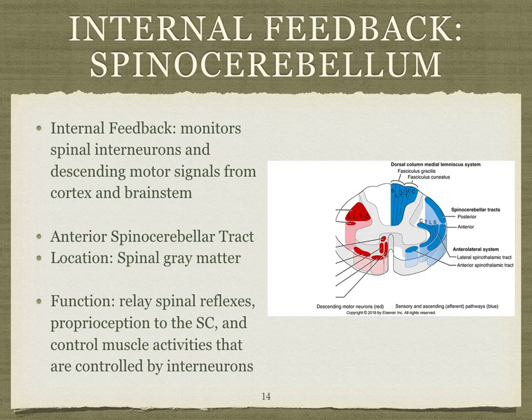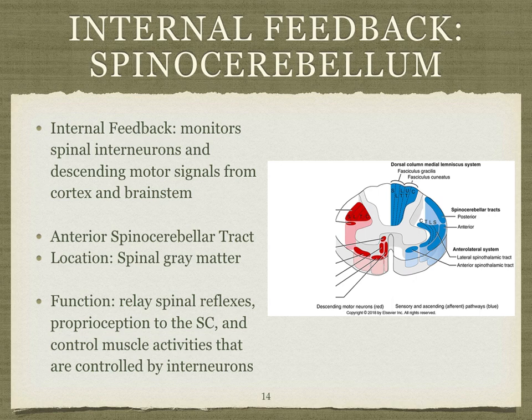Within our spinocerebellar tract here on slide 14, we also have the internal feedback loop. And again, this is the slower, less high-fidelity one than what we've seen, because this monitors our interneurons and our descending motor signals coming from our cerebellum, cerebrum, and brainstem. The one that we have here is our anterior spinocerebellar tract.